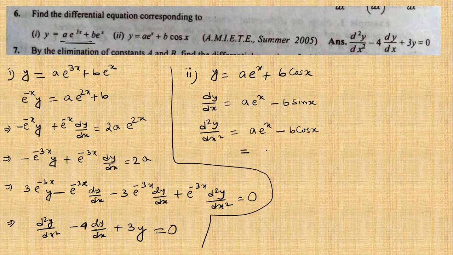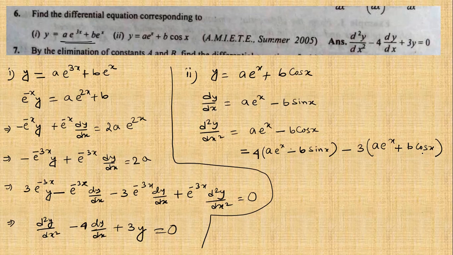So if you write them in that manner, that is a e to the power x minus b sin x in terms of 4 minus 3 a e to the power x plus b cos x can be written as this.